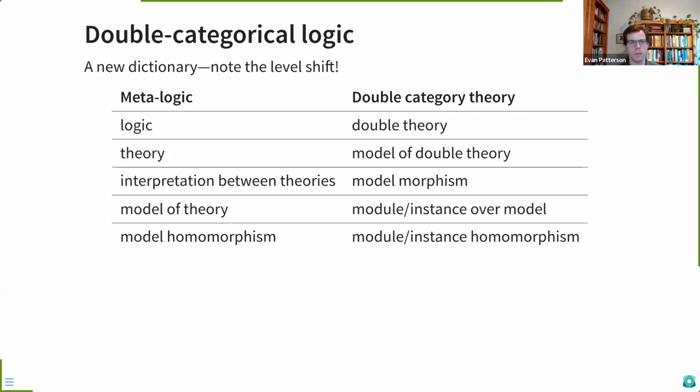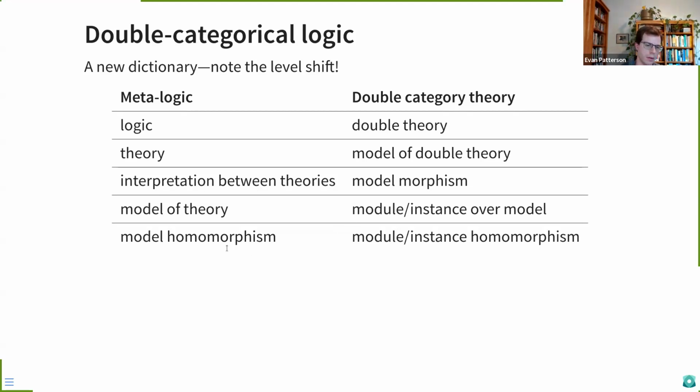And that's because one thinks that the objects of a doctrine are theories in that doctrine. And so an interpretation between theories is like a generalized functor or a morphism between models. And a model of the theory can now be construed as a module, or also use the word instance, over the model.